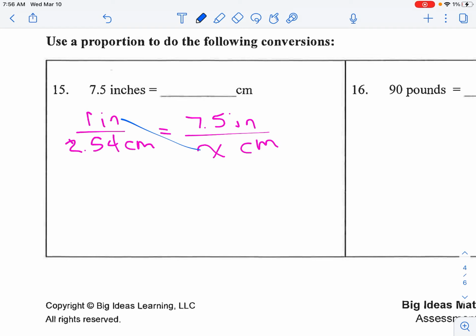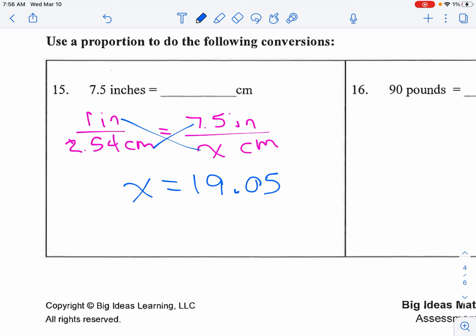So I'm going to do 1 times x, and I'm going to do 2.54 times 7.5, and that is 19.05. So we'll always round these to the nearest hundredth if it's not rounded already. All right, so on the line up here, I'm going to write 19.05 centimeters.